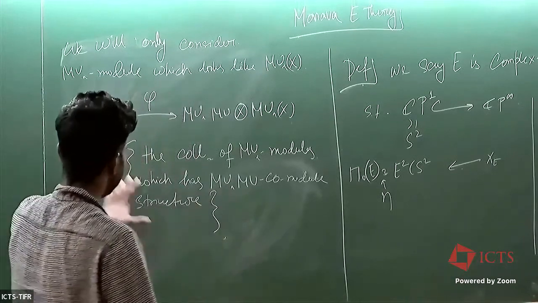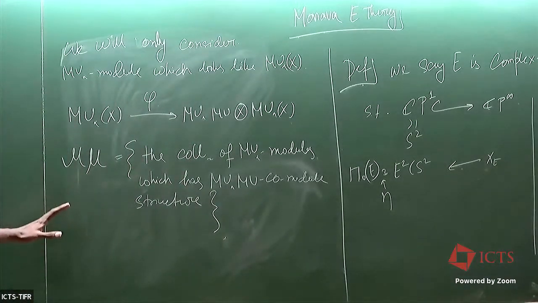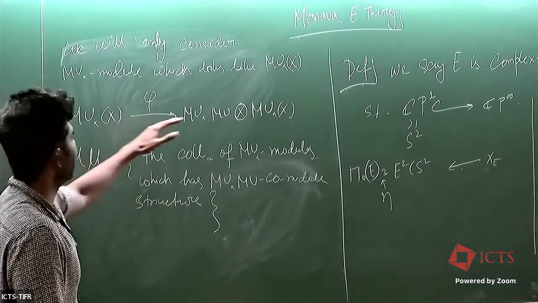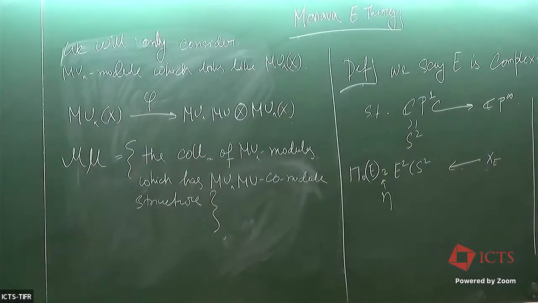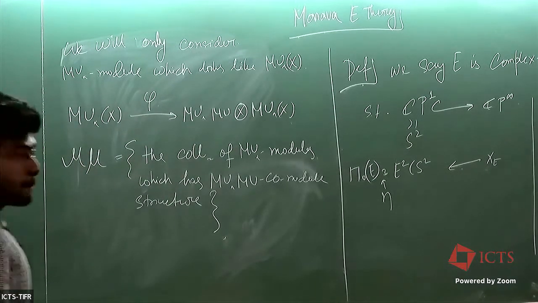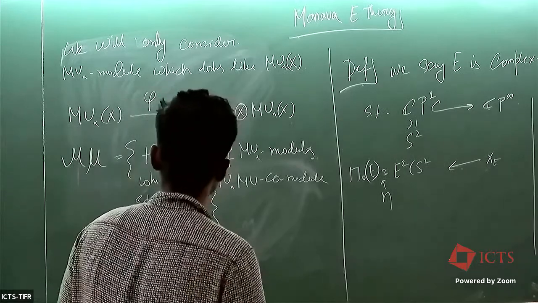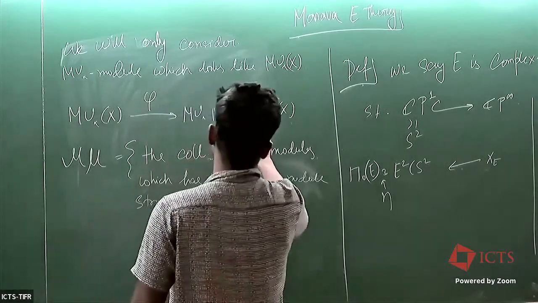So the objects are like that. The objects are mu star modules which also admit a map like this, tensor over mu star.